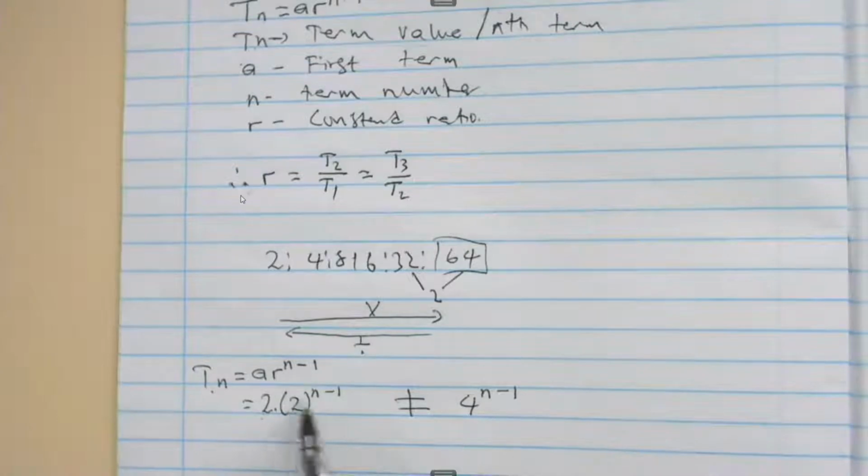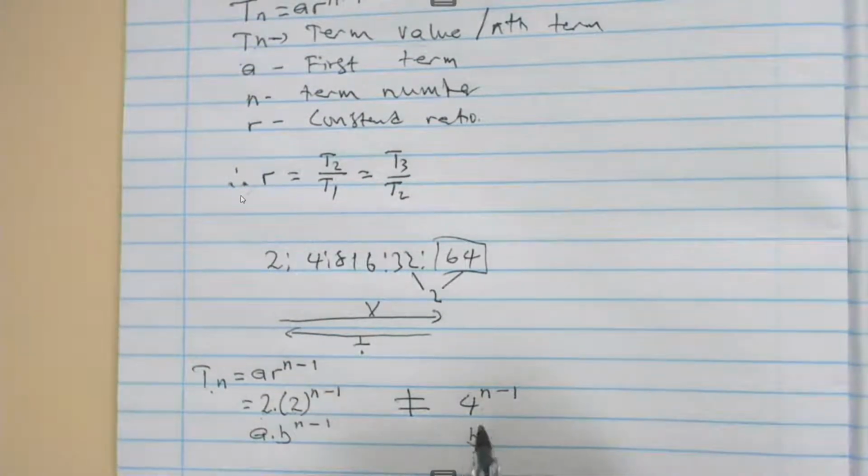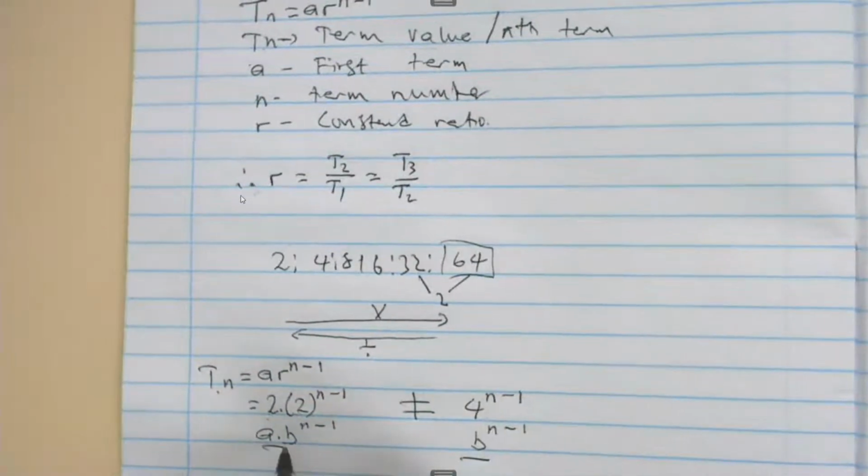The two expressions are not the same. This can be a multiplied by b to the power of n minus 1, and this can be b to the power of n minus 1. Therefore, the two are not the same.